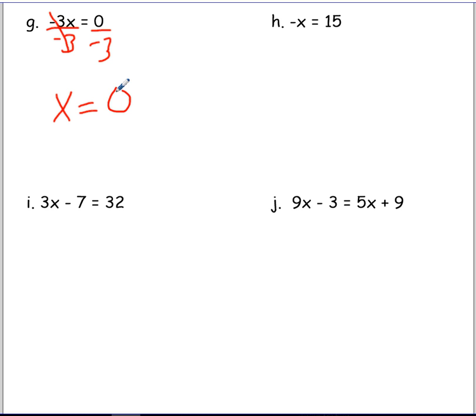Don't forget 0 on the top, it's 0, 0 underneath, it's 0 undefined. H, we have -x equals 15. We saw in the last lesson that we can put our invisible 1 there, so it's the same as -1 times x. So we're going to get rid of that negative sign by dividing both sides by -1. And we get x equals -15.